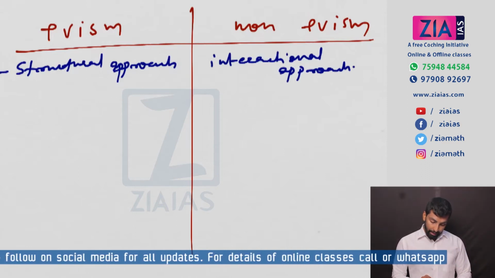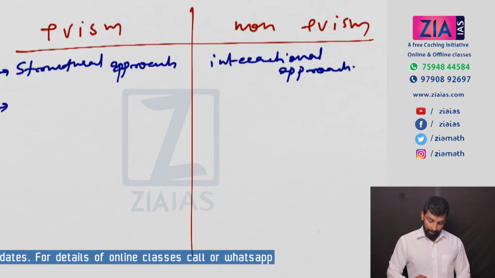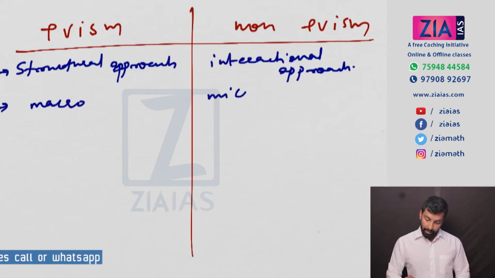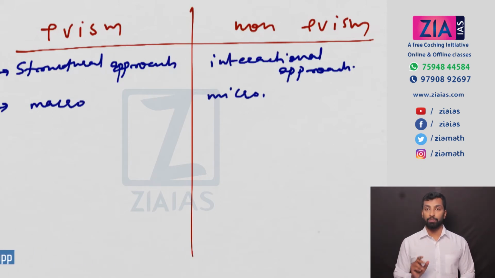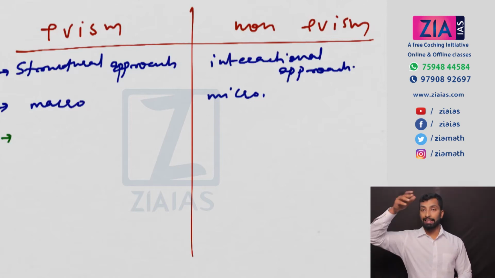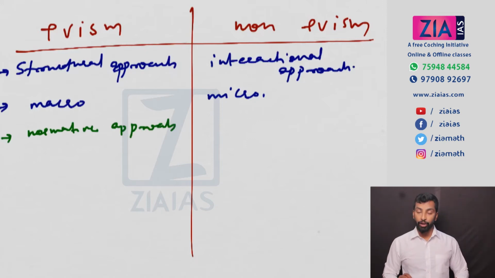Then the second important aspect that you have seen is that positivism uses a macro perspective, right? On the other hand, non-positivism predominantly follows a micro approach. Then you can write that positivism is based on external realities, or it talks about society or the normative structure. So it has a normative approach.